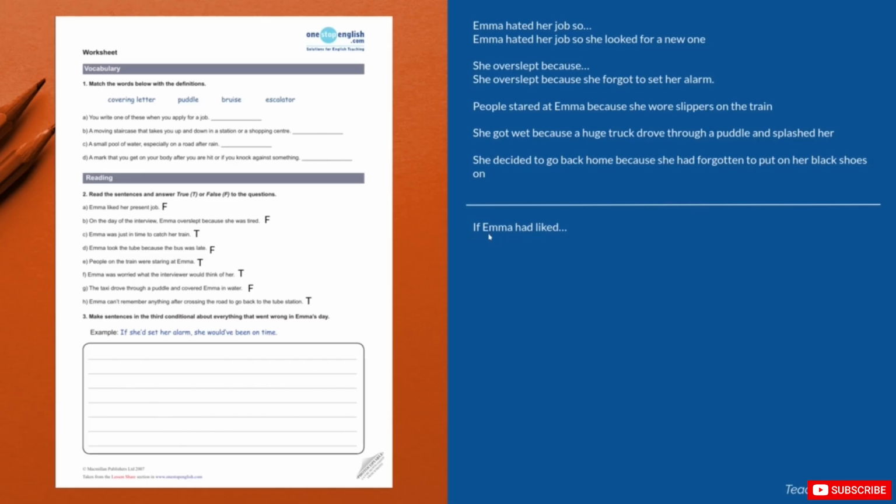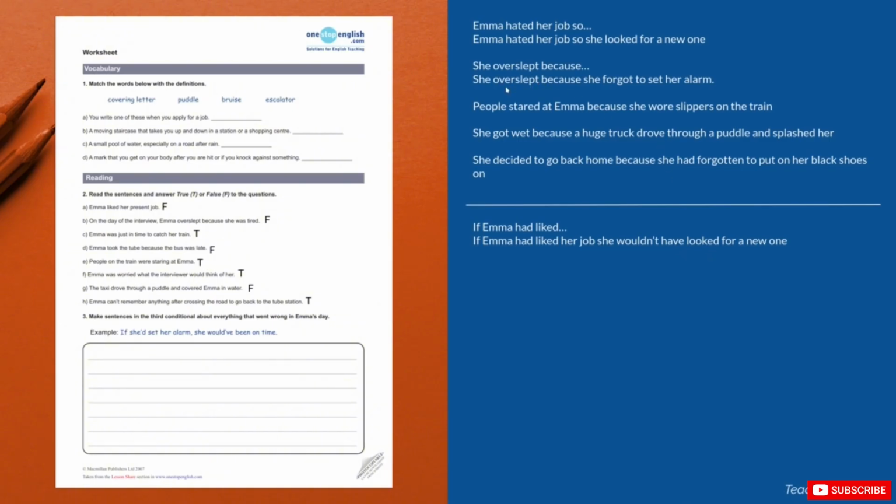So if Emma had liked her job, she wouldn't... And just try to lead them in here. They might not get it at this point, but they might. They might be able to do this with a bit of help. And we have our first example. If Emma had liked her job, she wouldn't have looked for a new one. So she hated her job, so she looked for a new one. If Emma had liked her job, she wouldn't have looked for a new one.